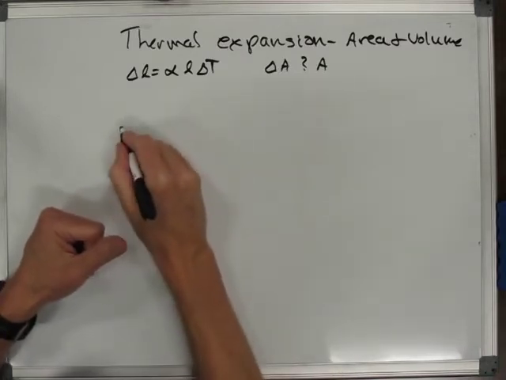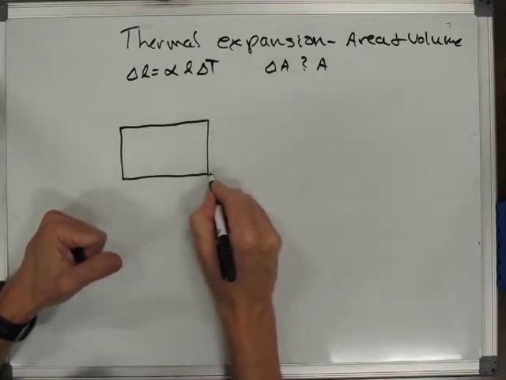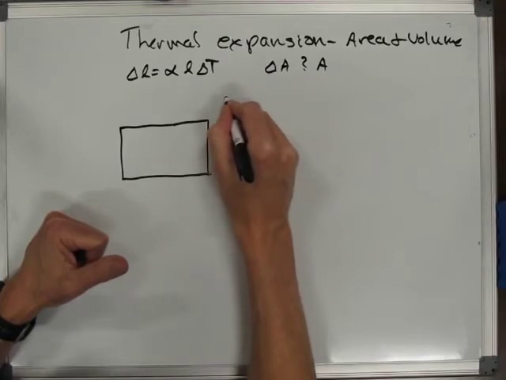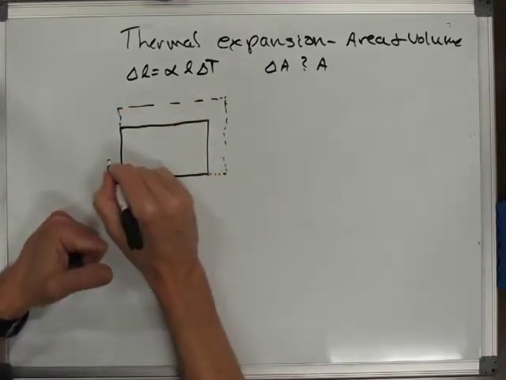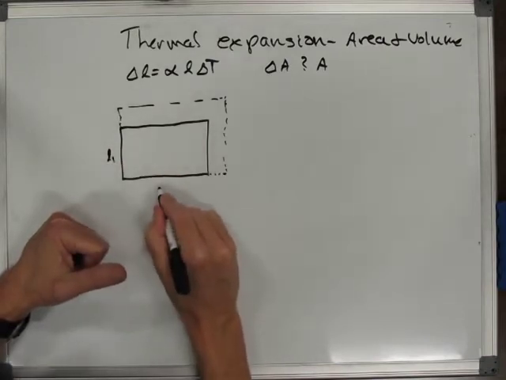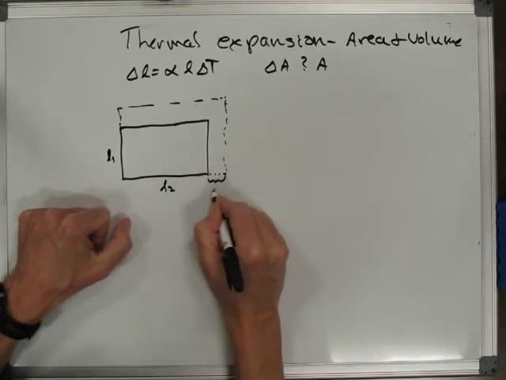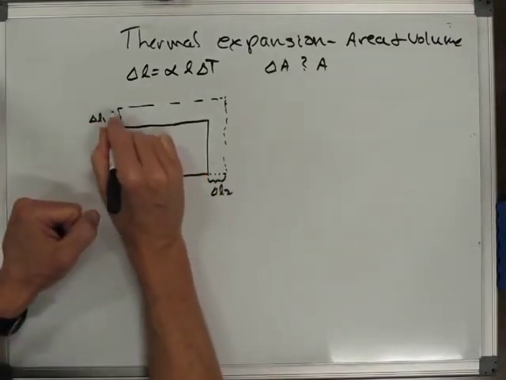If you look at an object, I'll draw it like this, and say it expands when its temperature is changed, like this somehow. That's probably not a very good drawing. But I can say this is one dimension, L1, and this is L2, and this is delta L2, and this is delta L1.